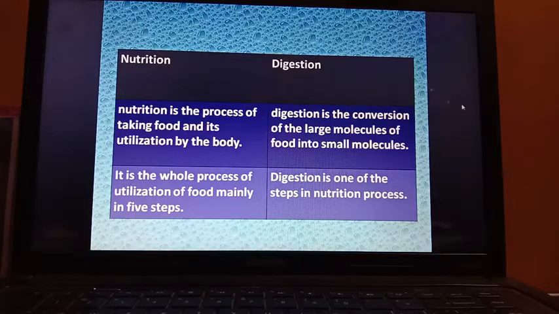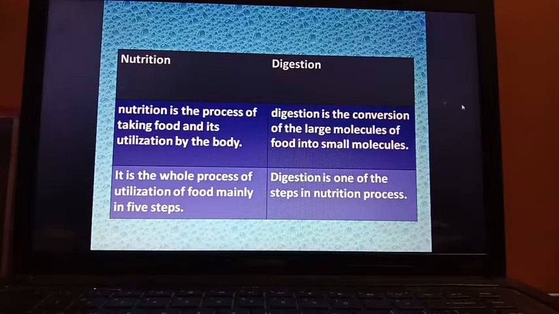Now last question is match the columns. So for that, number 1, incisors, it is matching with column B, number C, cutting the food. Number 2, assimilation, it is matching with J of column B, utilization of absorbed food.